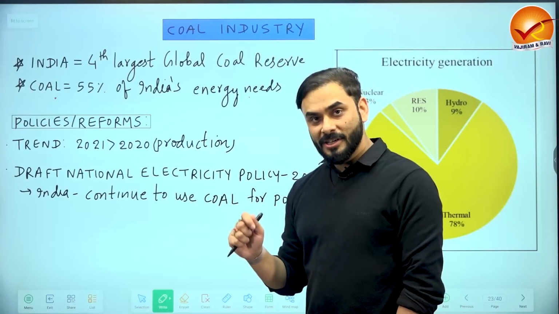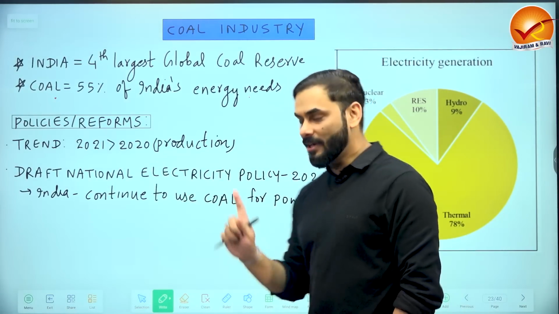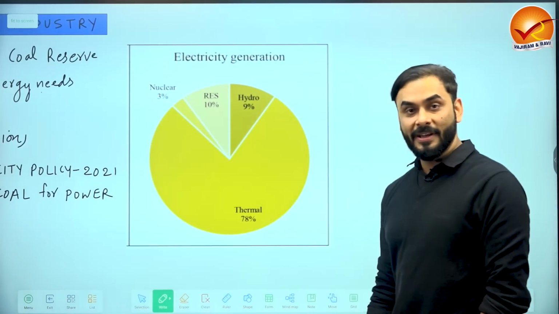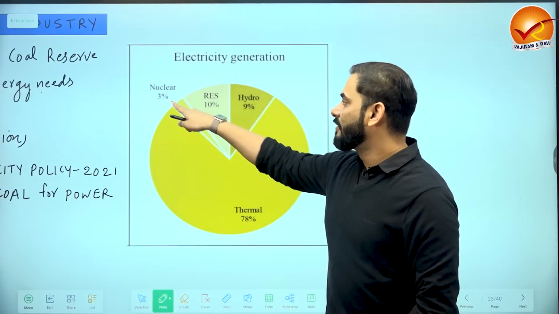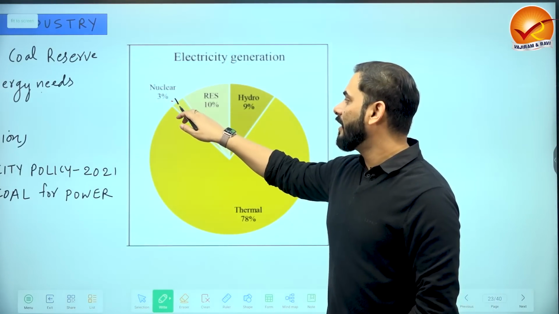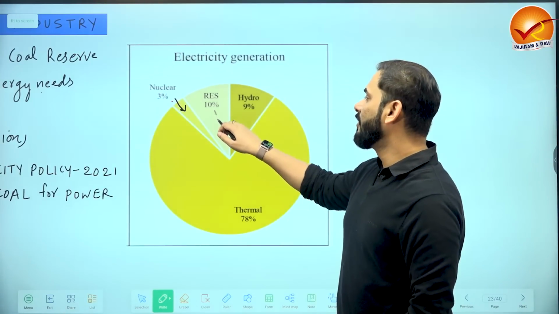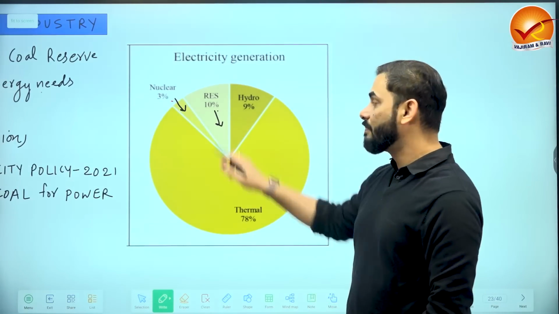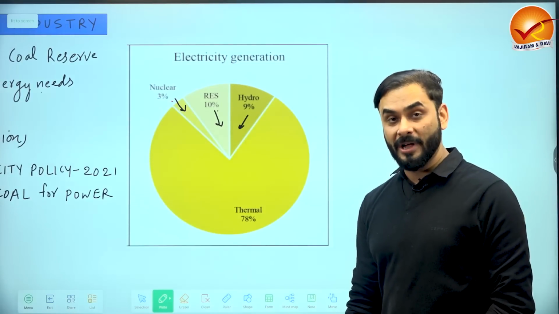Now if you look at what is the contribution of coal in electricity, let me show you this chart. This is electricity generation in India. Let us look at the contribution of different sources. Nuclear energy's contribution in India's electricity generation is 3%. RES means renewable energy, like wind energy, solar energy, these are 10%. Hydro energy means water, right, through turbines.